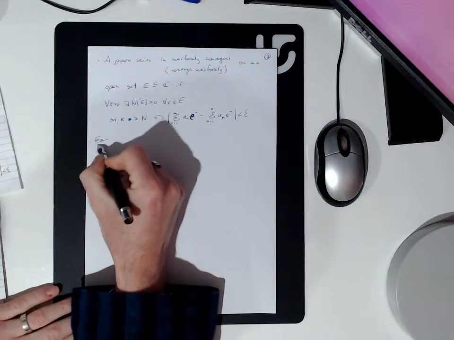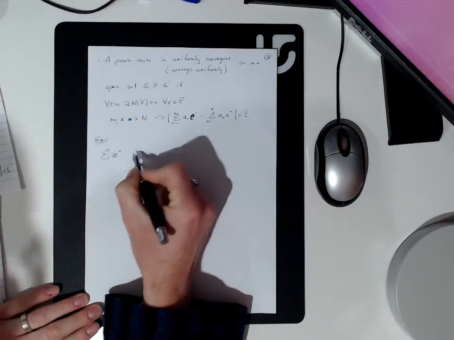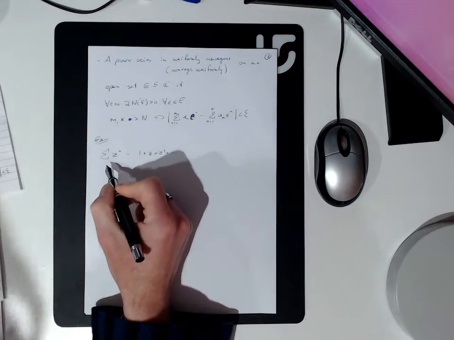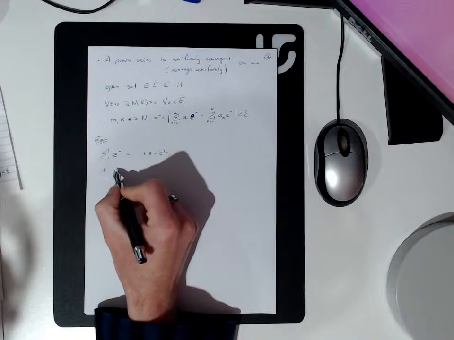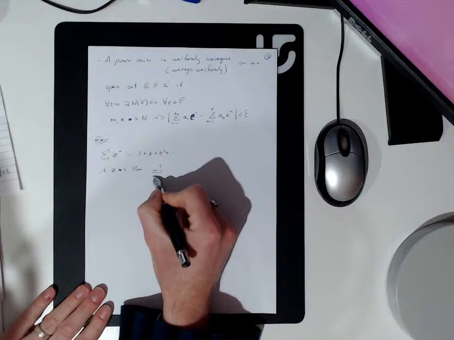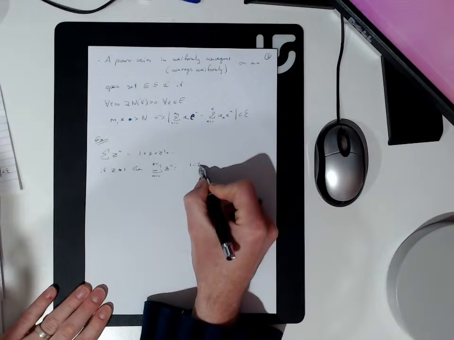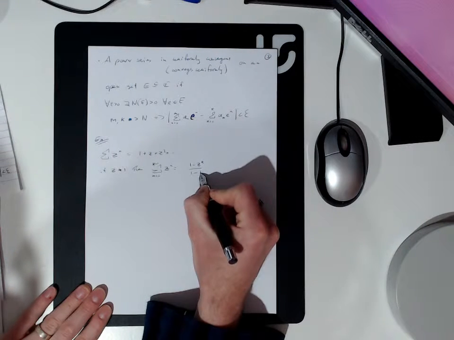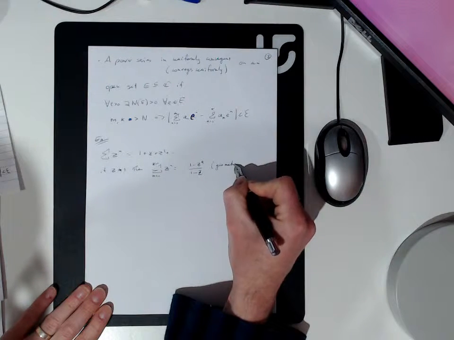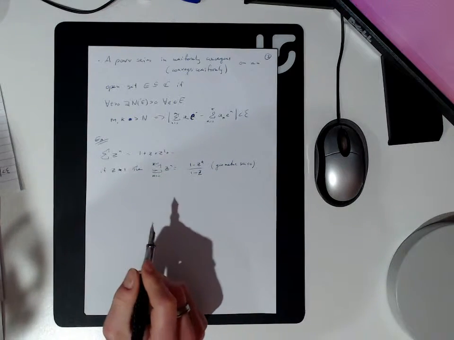An example: the sum of z^n from n equals 0 to infinity, 1 plus z plus z squared and so on. So if z is not equal to 1, then the partial sum is (1 minus z^k) over (1 minus z), and that follows from the geometric series, which we proved in class, I think, in the tutorial.